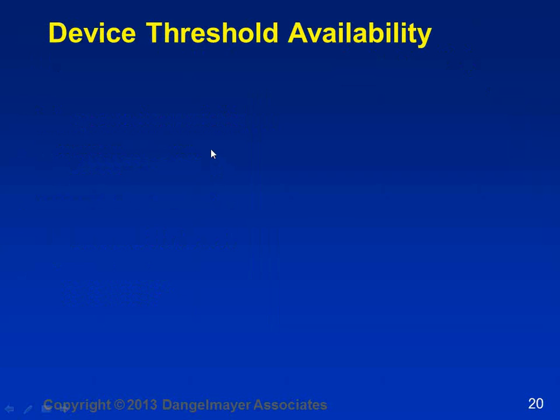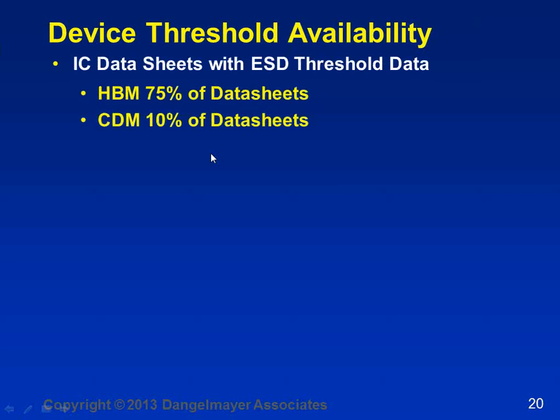Okay, what about the availability of device data? Well, unfortunately, this is the situation. If you go to the data sheets, you'll find that roughly 75% have HBM data, and only 10% have CDM data. This makes it difficult because it's like pulling teeth sometimes to get the information.